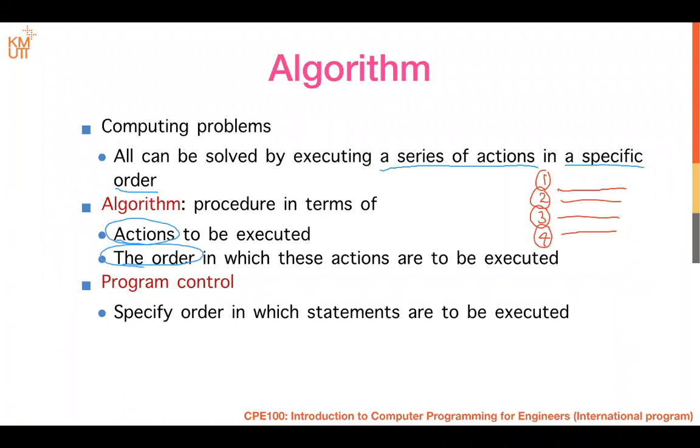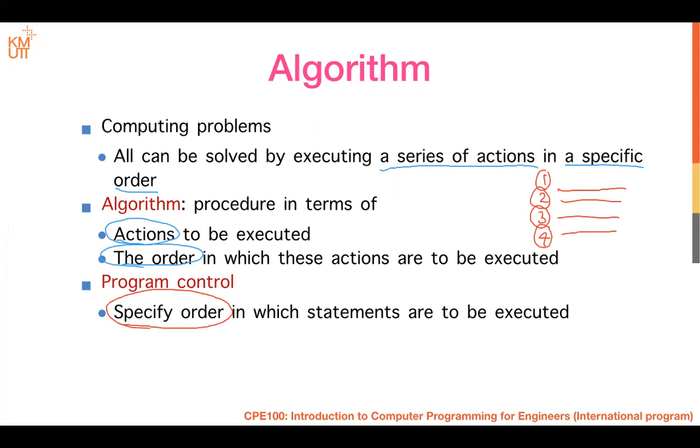And the last term that you may have to know is program control, because it needs to be in order. So you have to specify the order in which statements are to be executed. When we talk about an algorithm, we need to know a series of actions.